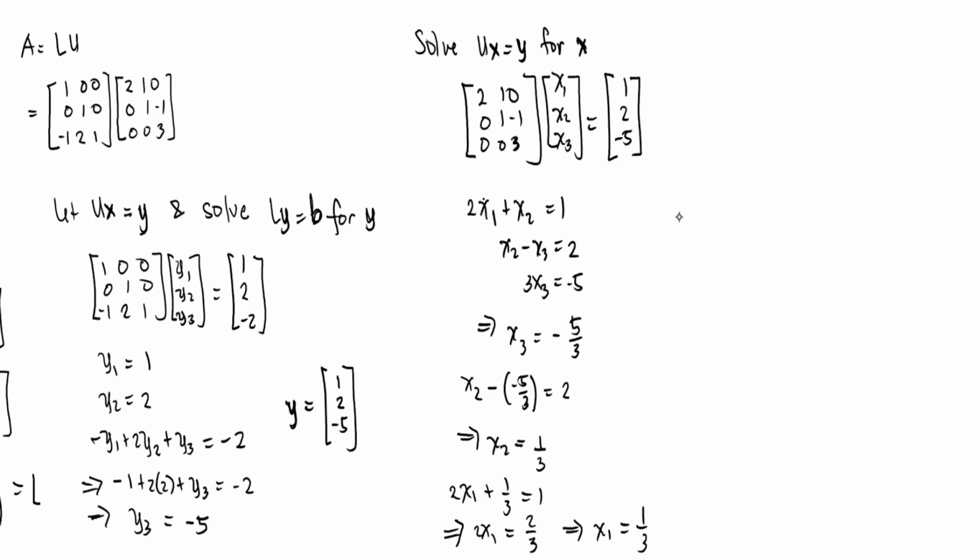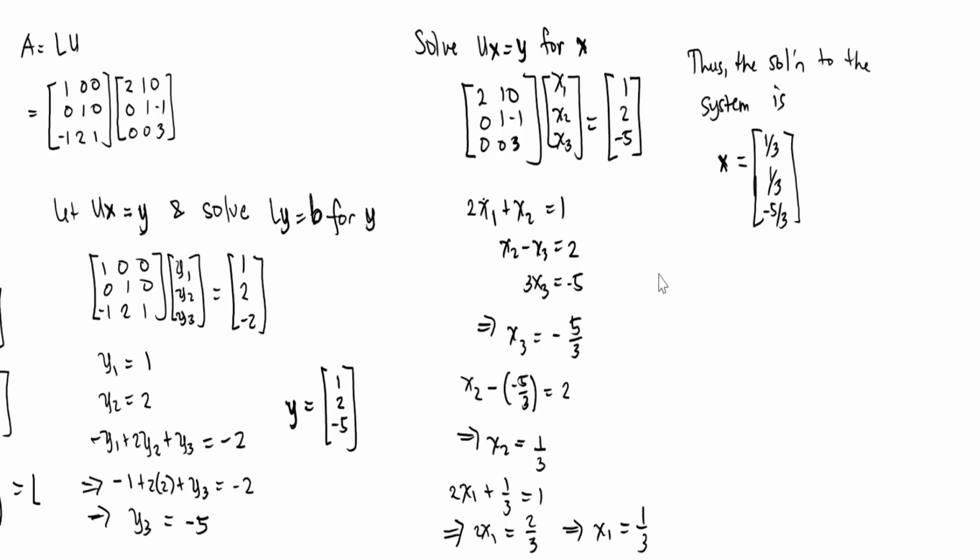Okay, so our solution to the given system of equations, x equals 1/3, so that is our x sub 1, and then 1/3 also for x sub 2, and then x sub 3 is negative 5 over 3.